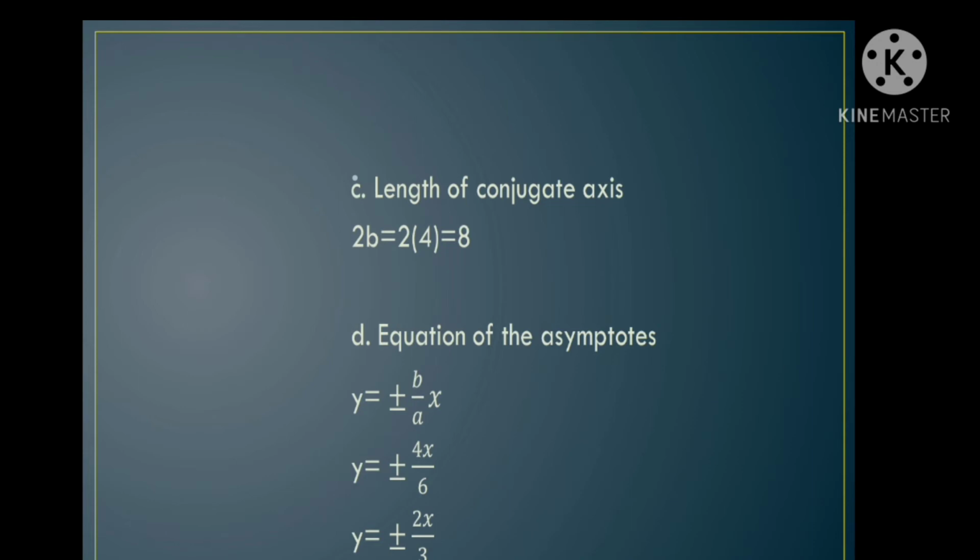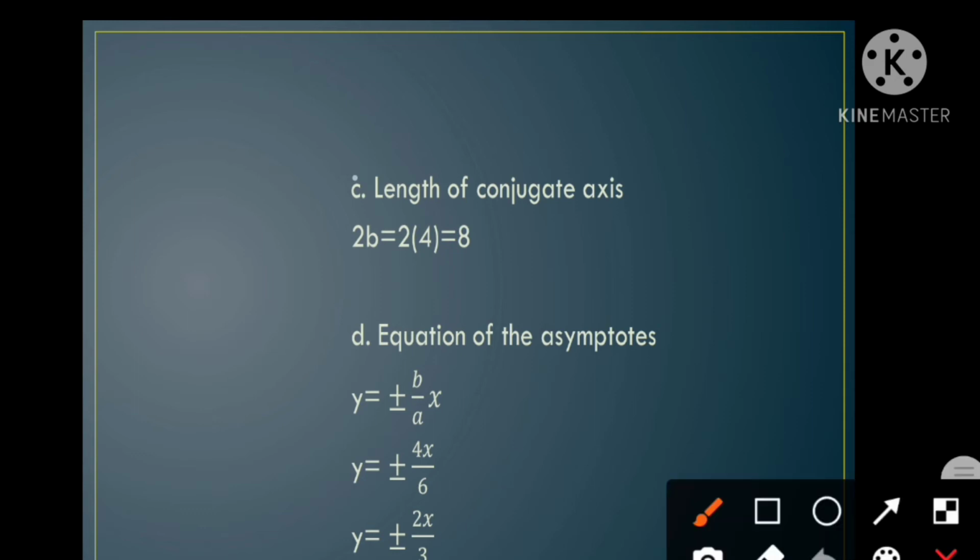So y is equal to positive and negative 4x over 6. So the lowest term is y equals positive and negative 2 over 3 x. So the equation of the asymptotes is y equals positive and negative 2 over 3 x.